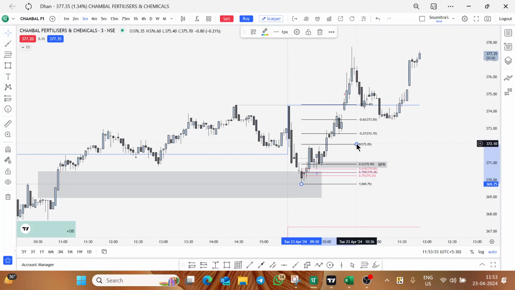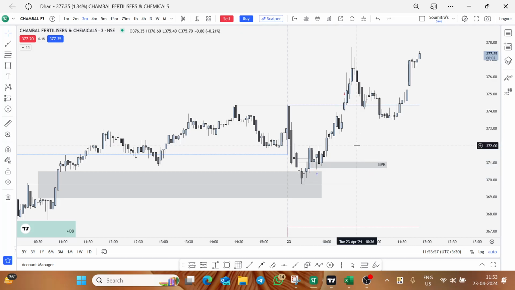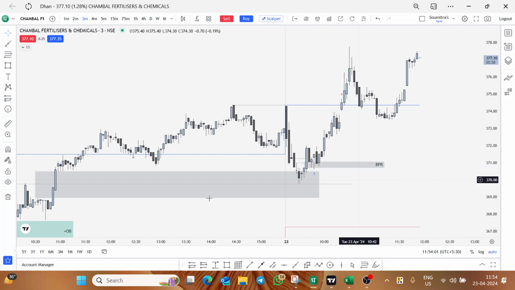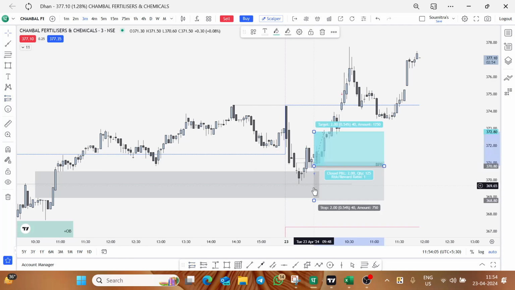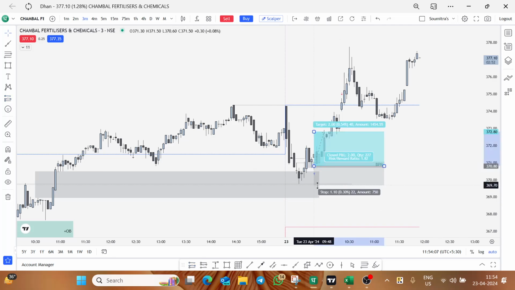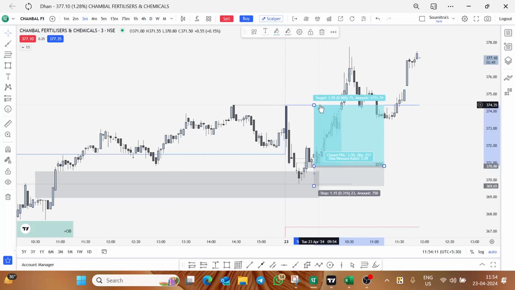So anyway, that is not the point. I took my trade from 370.9, as you can see here, keeping my stop loss right below this low and my target here.